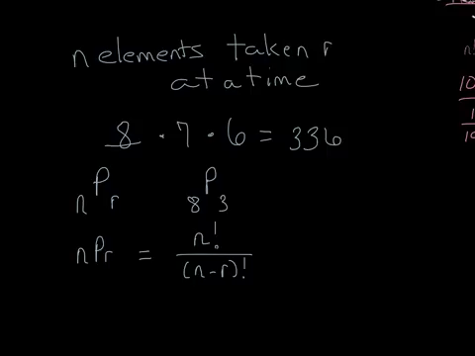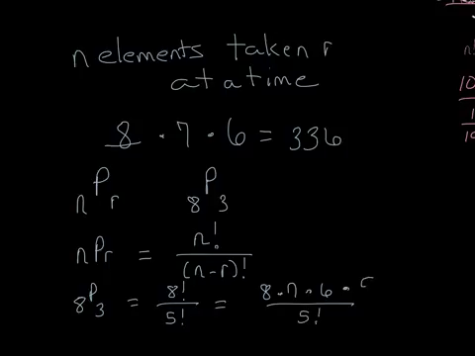So going back to our 8 horses 3 at a time, that's 8 factorial over 8 minus 3 factorial. And that would be 8 times 7 times 6 times, if I'm going to have 5 factorial in the bottom, what's going to happen to that? Everything else cancels out, doesn't it? So you could stop right there, and you have your 8 times 7 times 6, which we said was 336.